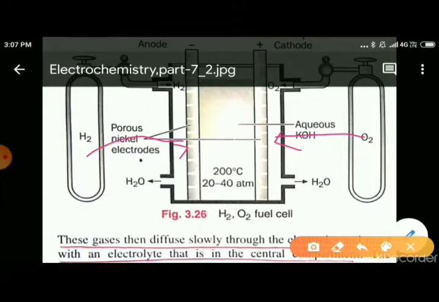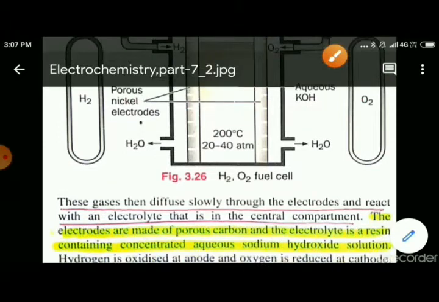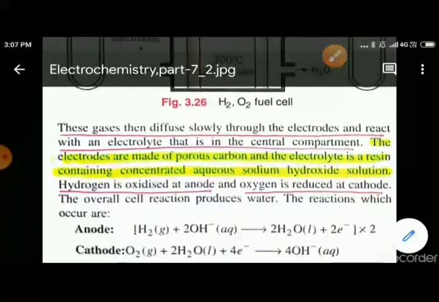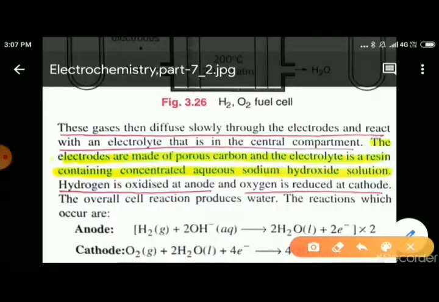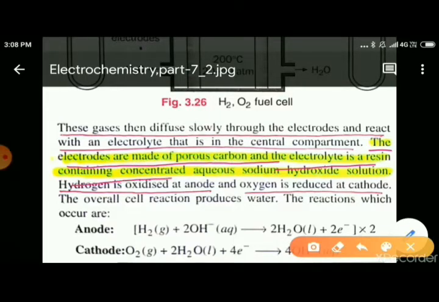The middle chamber is the chamber for the electrolytic solution. As the electrolytic solution, sodium hydroxide is used. These gases, hydrogen and oxygen, then diffuse only slowly through the electrodes and react with the electrolyte in the central compartment. The electrodes are made of porous carbon and the electrolyte is a resin containing a concentrated aqueous solution of sodium hydroxide.